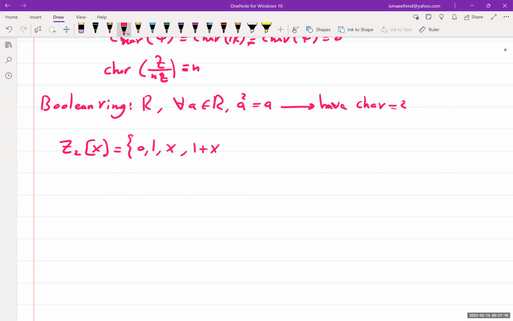So we have these elements, and of course we have 1 plus x squared, x plus x squared, x squared plus x cubed, and so on.